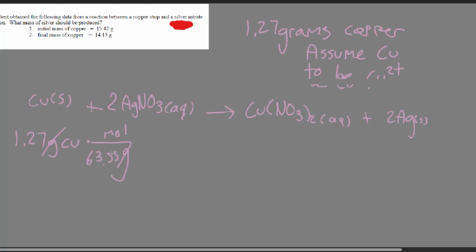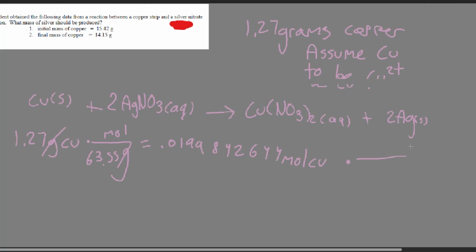Your data booklet once again might have a slightly different number. It's okay. And write your exact value, 0.0199842644 moles of copper. Okay.